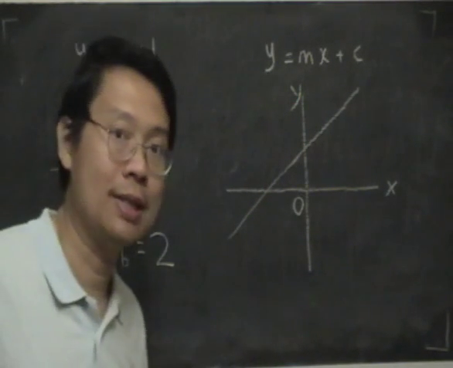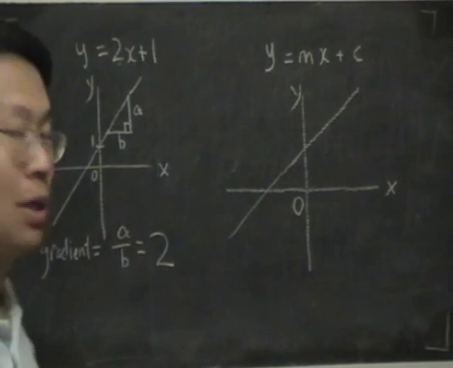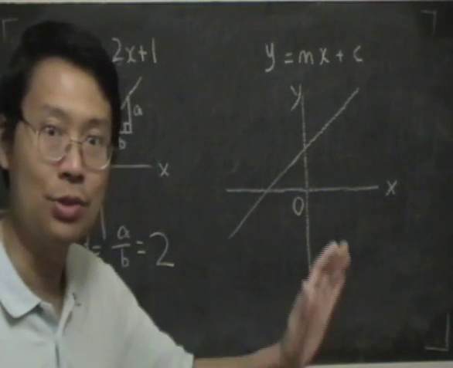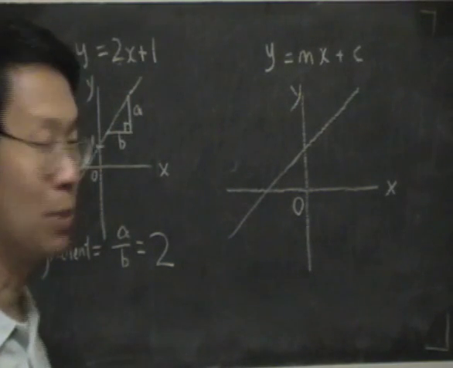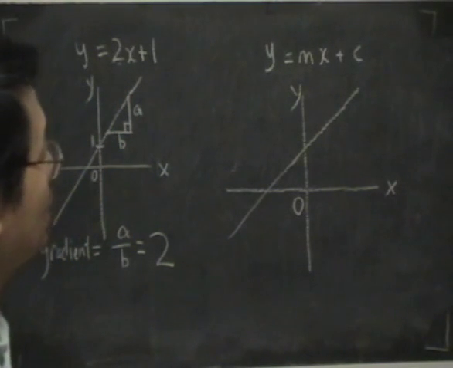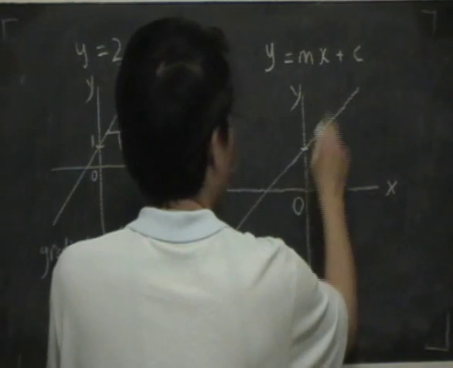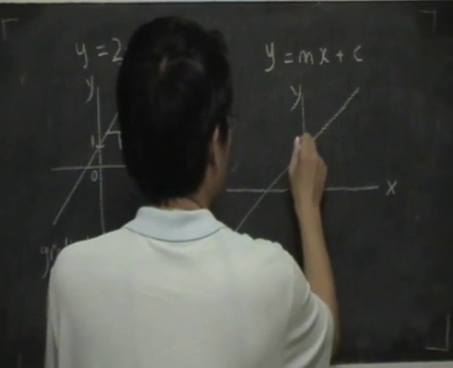Now I don't know exactly how slanted it is, how steep the slope is, but I know that it is that sort of shape. It must be straight and it is slanted in some way. And I also know that it must cut the y-axis at that value c.